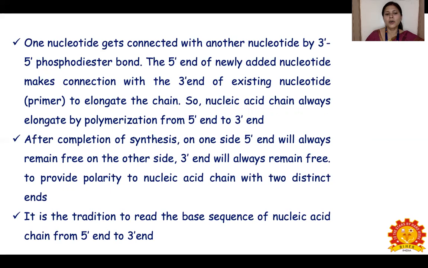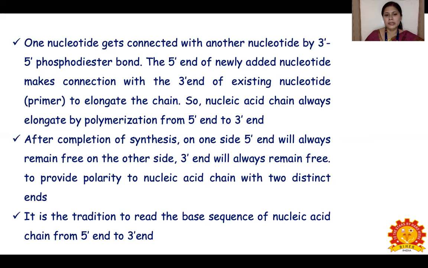Like that, all the nucleotides keep adding and we get a big chain of polynucleotide. So the nucleic acid chain always elongates by polymerization from the 5' end to the 3' end. If you consider a DNA chain, it always grows from the 5' end to the 3' end.